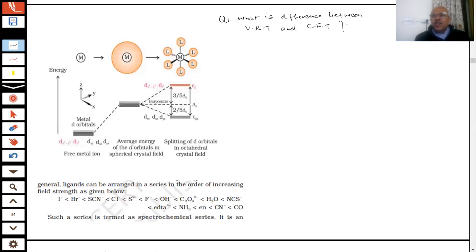On the other hand, students, in crystal field theory, we said that the ligands are point charges, and that model is purely electrostatic only. There is no covalent or any bond formation here. There is a field, students, and as you have seen, when the ligands are approaching the central metal ion, what happens, students? There is a crystal field splitting.